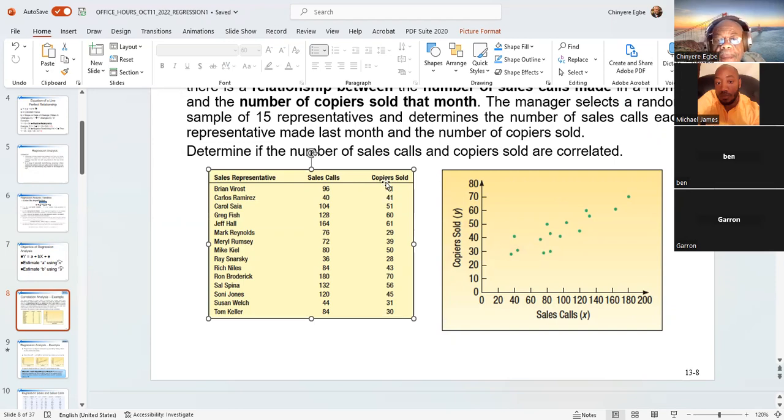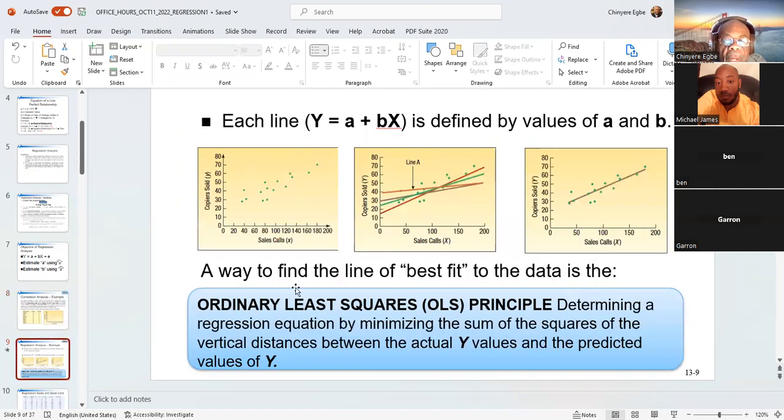Okay, so copiers sold is the dependent variable, and the number of sales calls is the independent variable. And our methodology for this is going to be called the ordinary least squares principle.